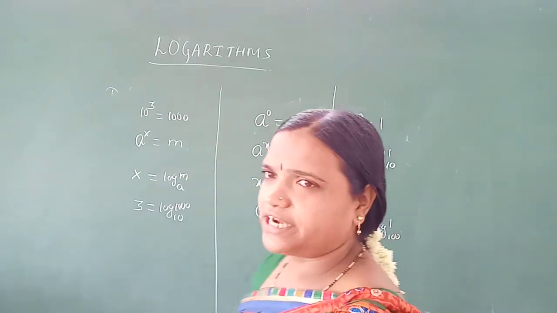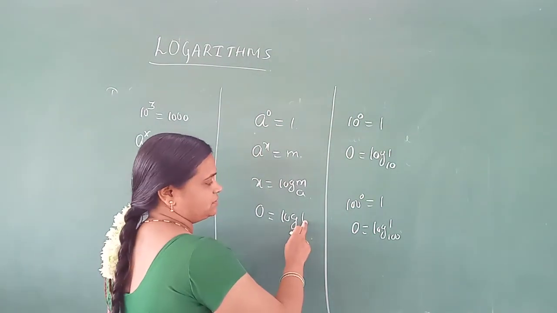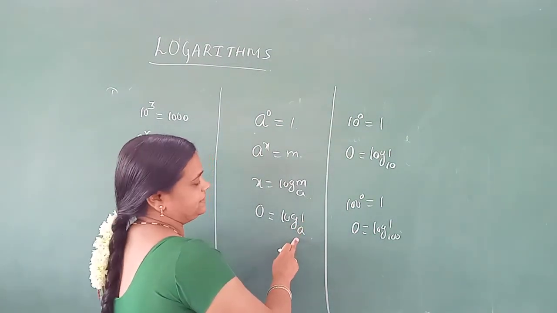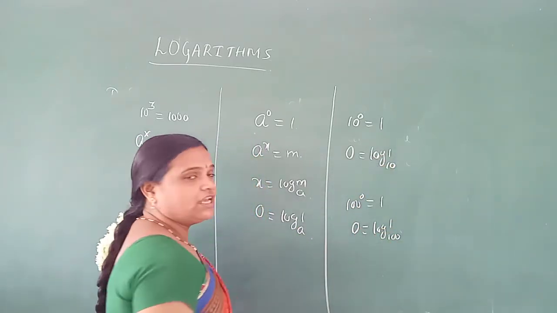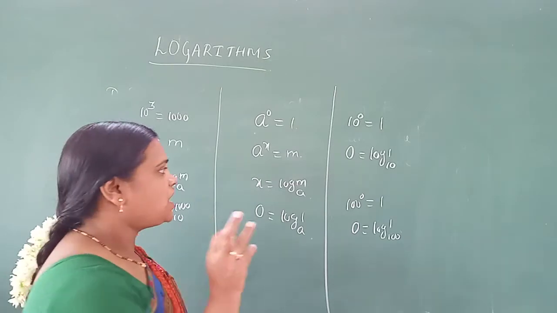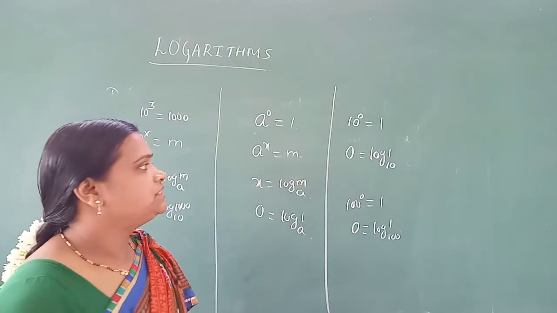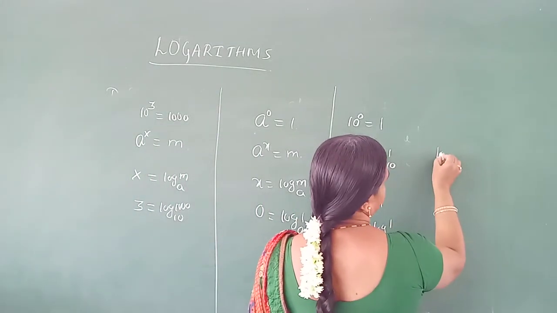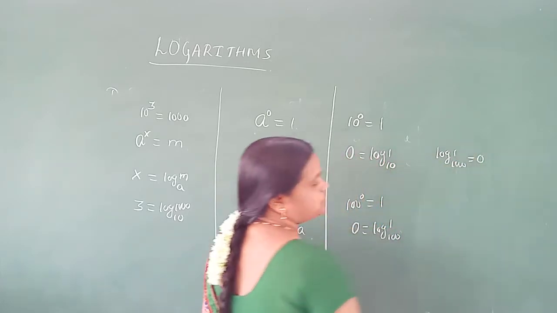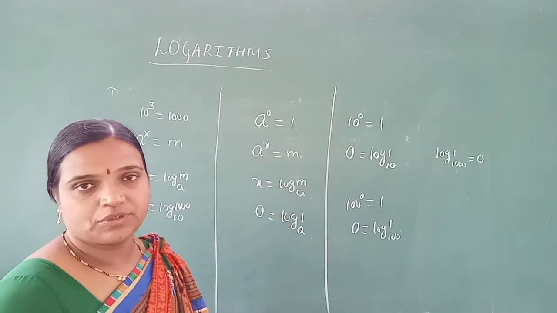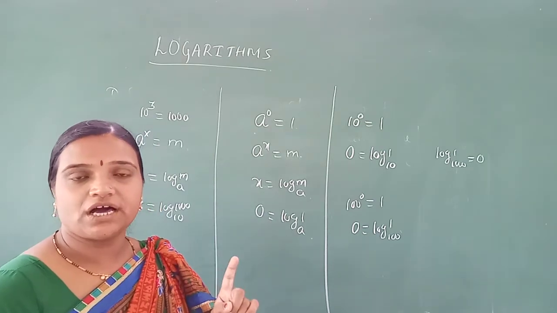Please remember that if log 1 to the base a, log 1 to the base 10, log 1 to the base 100 exists, its value is always 0. Suppose I take log 1 to the base 1000, remember that its value is 0. Log 1 value is always 0.